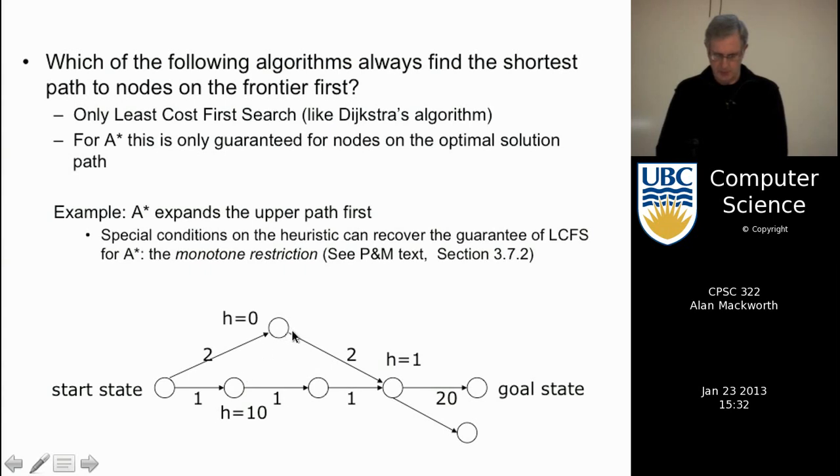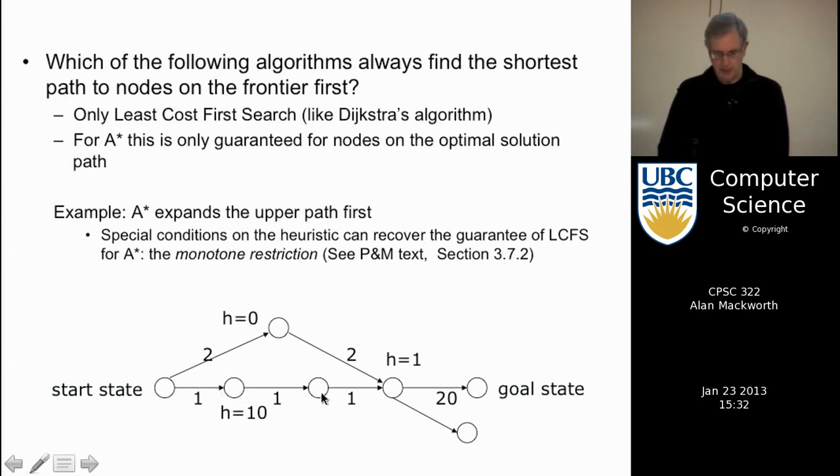You expand that one. You get to here. The F value for that is 5. So you might come back here, and you might even expand this one to get to the goal state, and its F value will now be 24. This guy's waiting back here because its F value is 15. So it will be expanded next.